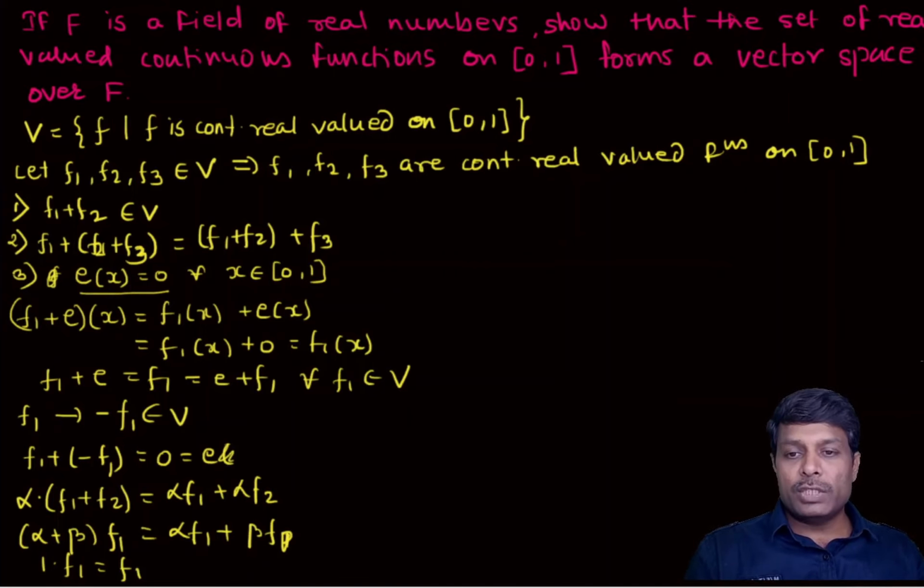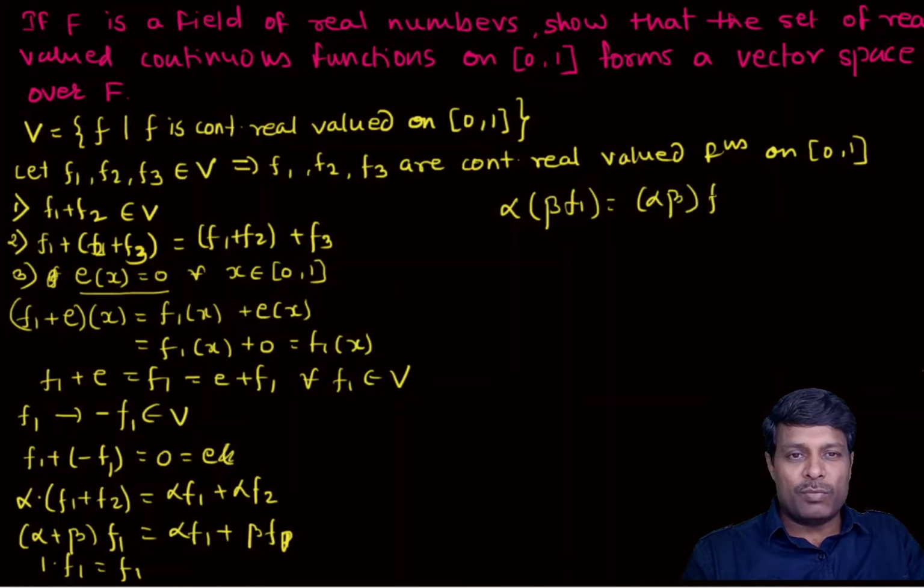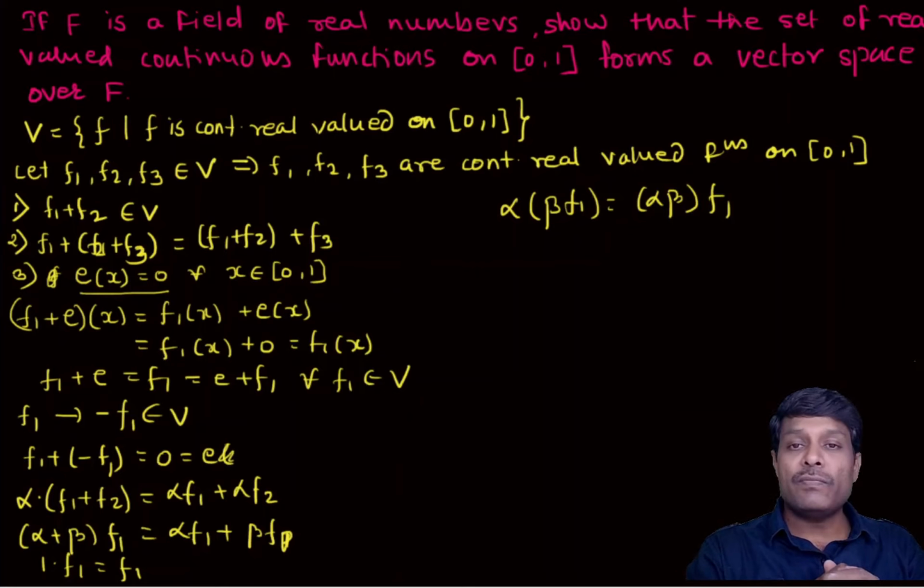And one more condition, what is the condition? Alpha into (beta f1) is equal to (alpha beta) times f1. We can easily prove this, and therefore in this problem V, that is a collection of real valued continuous functions on the unit interval, is a vector space over the field F.